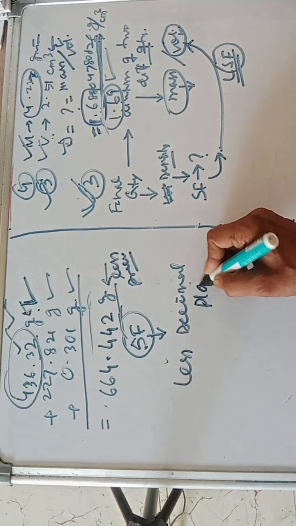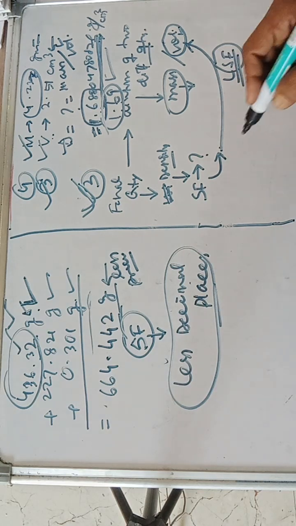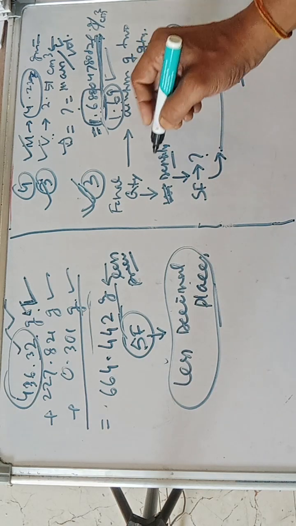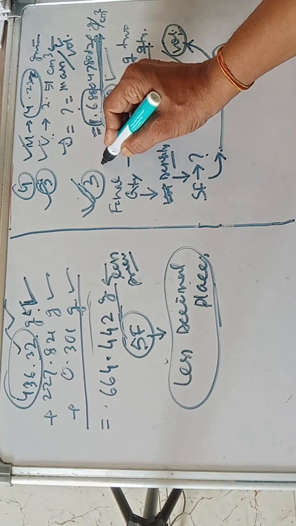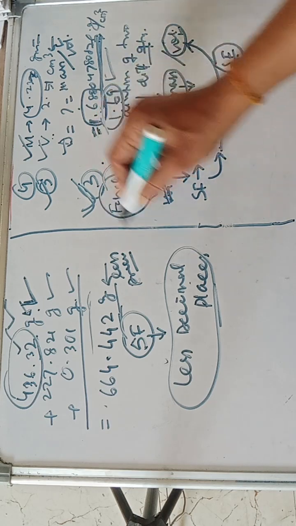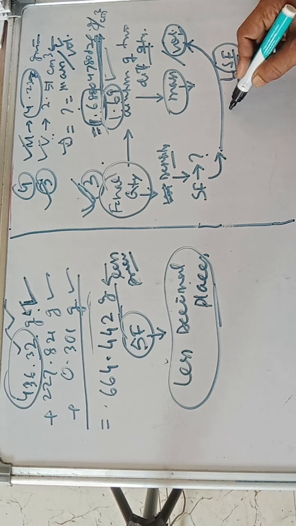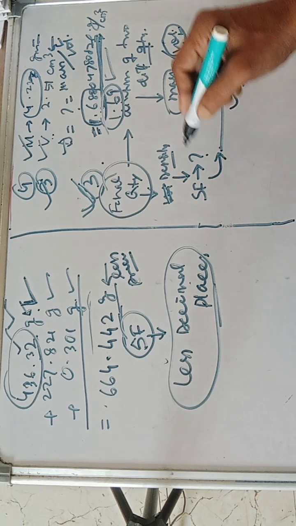Now we came to know that while doing division or multiplication of two quantities, the resultant one will refer to the quantity having the least significant figure.